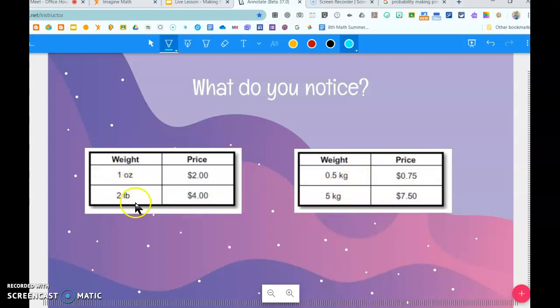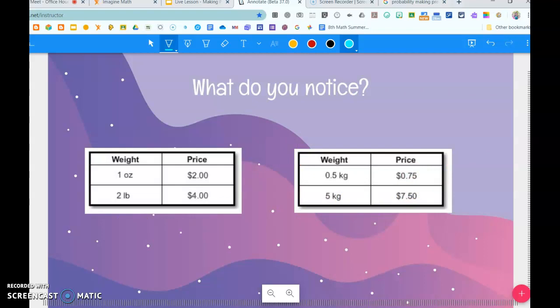And so I don't think this one is going to work out to be proportional, even though I can multiply 2 times this to get this and 2 times this to get this, because of those differences in my units. This one, I can tell that if I multiply this number times 10, it'll give me this number. And if I multiply this number times 10, it'll give me this number. So I think that this one would end up being proportional.